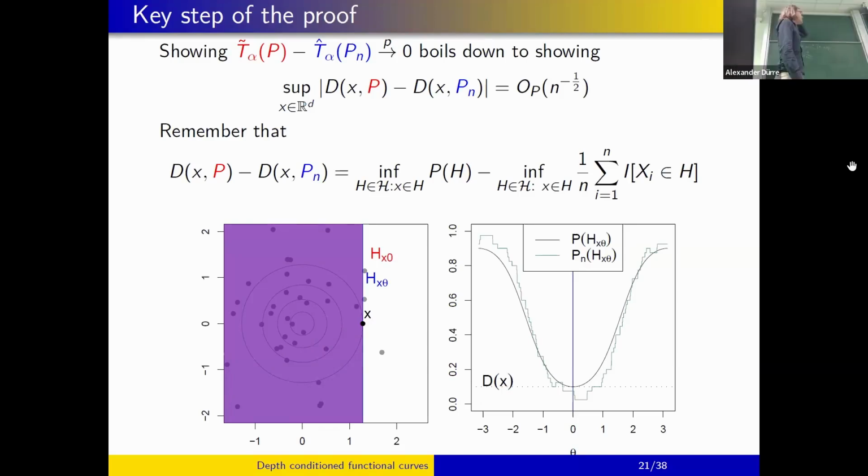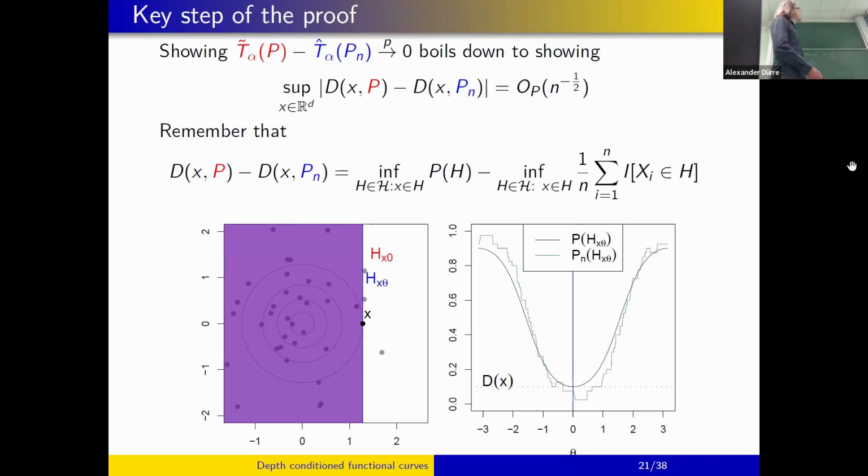The easiest situation would be if this green curve uniformly converged against this black curve. If it converges in all of these points, then also the minimal values would converge. So this is mainly the strategy which you apply here.